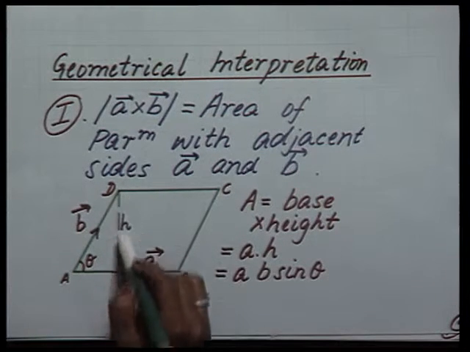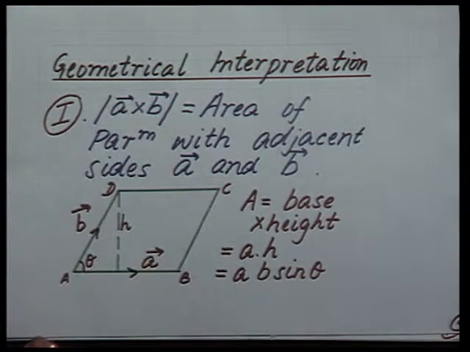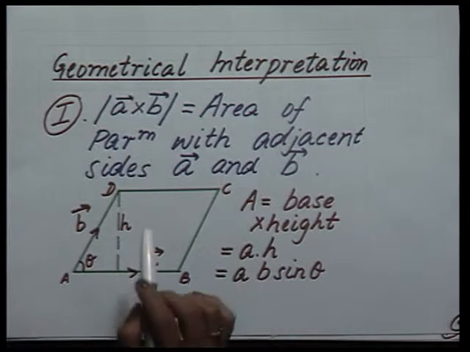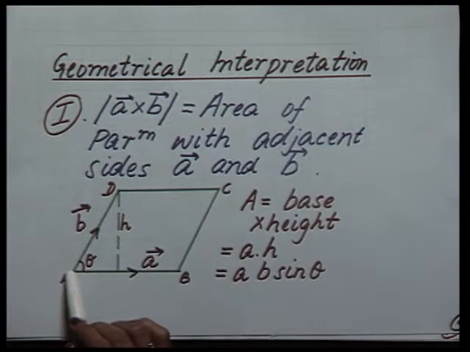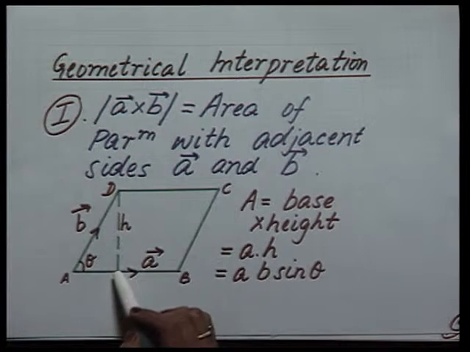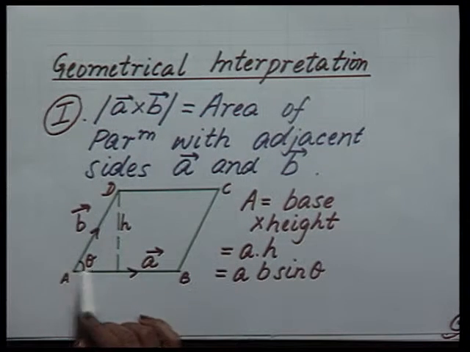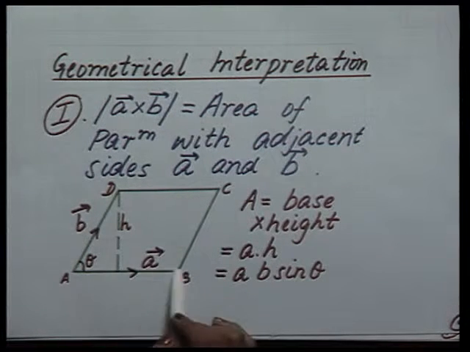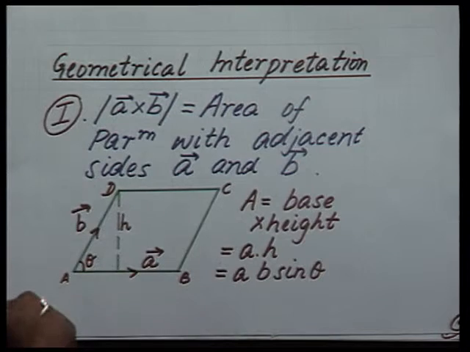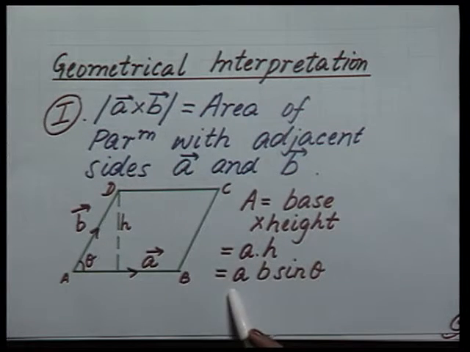Sin theta is opposite side over the hypotenuse. So, the area of the parallelogram, which we know is given by base into height, is equal to the magnitude of A into h, which is A into B sin theta, which we know is the magnitude of A cross B.